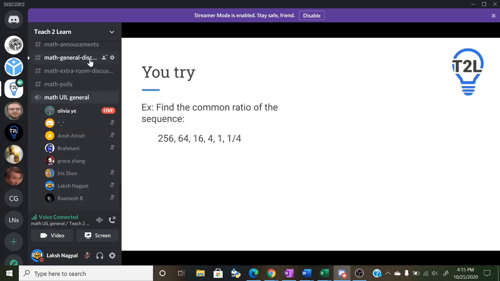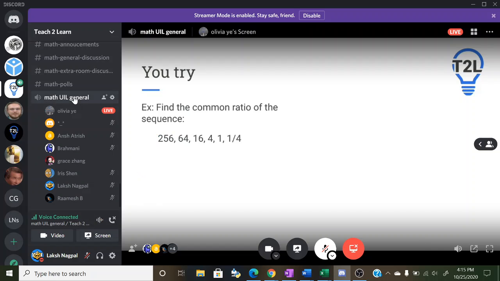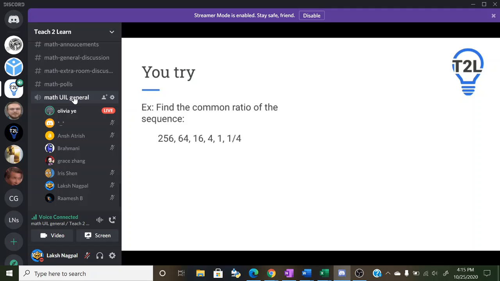You guys are really close, but think about the order of the sequence. If I multiply 256 by 4, am I going to get 64?